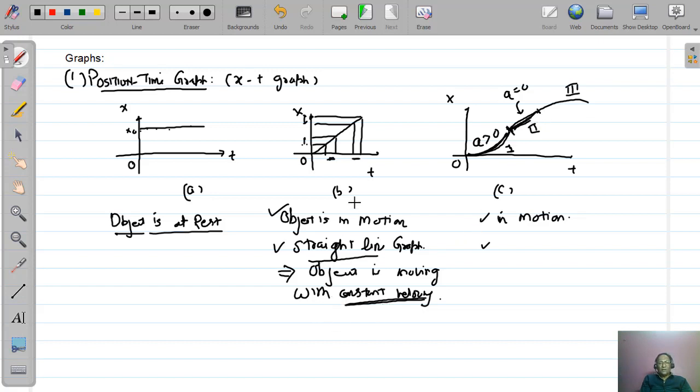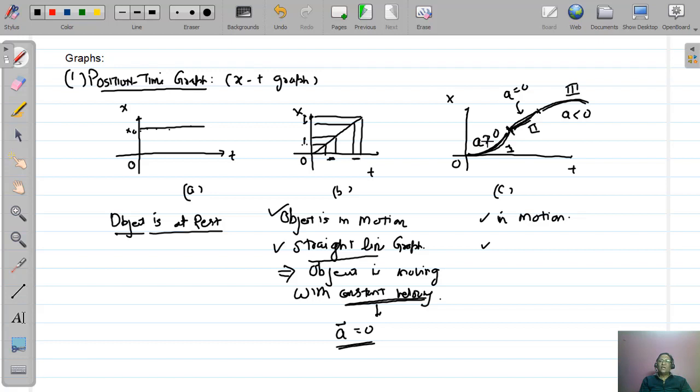Similarly, in this straight graph, because velocity is constant, we can say acceleration is 0. And for the third graph, which is downward opening, we can say a is less than 0. That means acceleration is negative, or we can say it is a retardation.